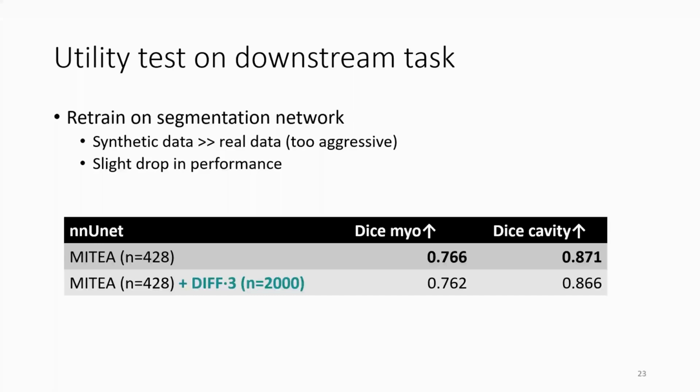And we see only a slight performance drop, luckily. So that's great, which means the neural network, even though the data is imbalanced, probably sees that the features in the synthetic data generated by DIFF-E are pretty much similar. So we still see a slight drop, but we probably can improve that.